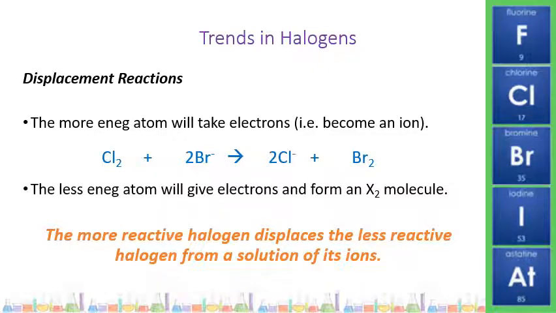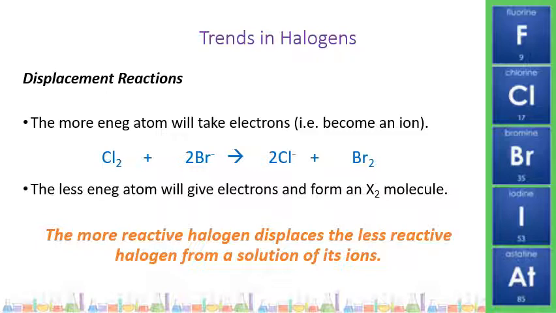A reaction to show this would be displacement reactions. Displacement means removing something from its current position. So if we react chlorine and bromide ions together, what we're going to see is that the more electronegative atom, chlorine, because it's higher up in the group, will take electrons.